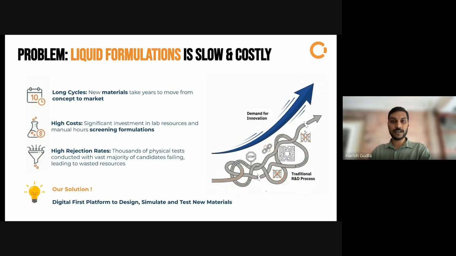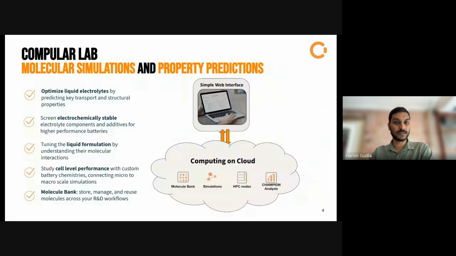There is a high chance of 95 to 99% being rejected because of not achieving the right R&D objectives, which is mostly done by lab. Our solution is to set up a digital platform where we can simulate and test new materials and formulations even before we start, and get an idea of how we can reduce the R&D process.